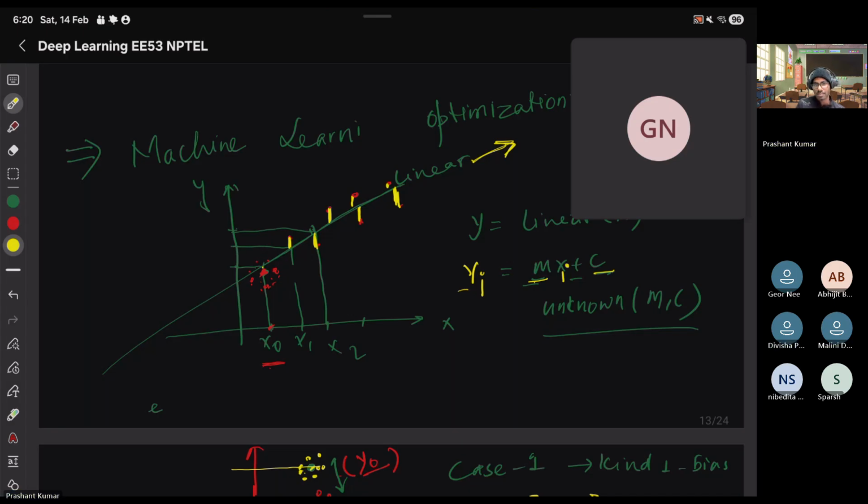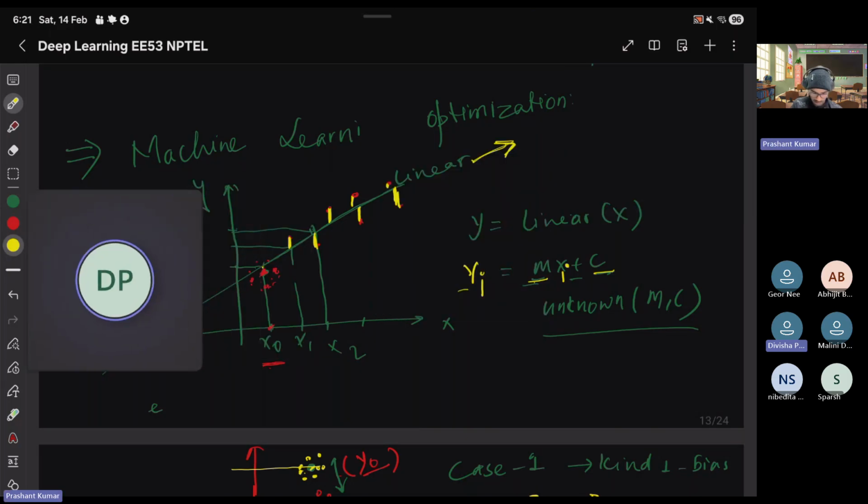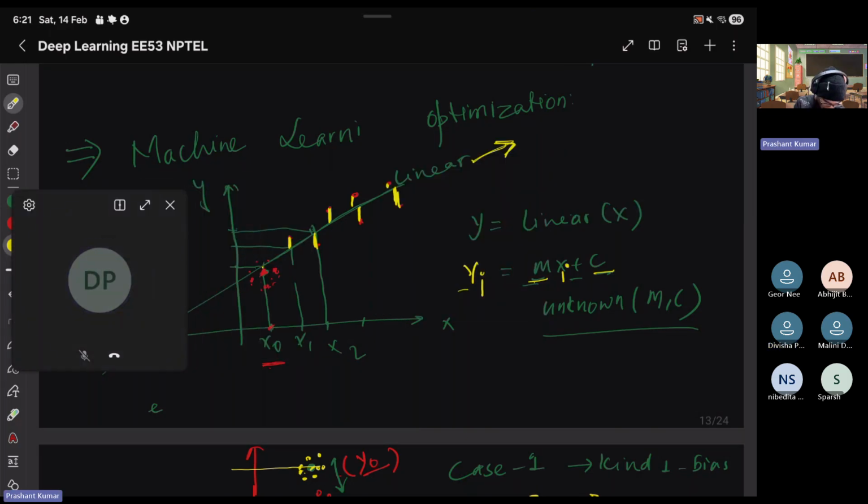Yes. Somehow we see some pop-up board, actually GN or DP. I don't know. Can you remove that, please? This one. Thanks. Let me see. I have to check.